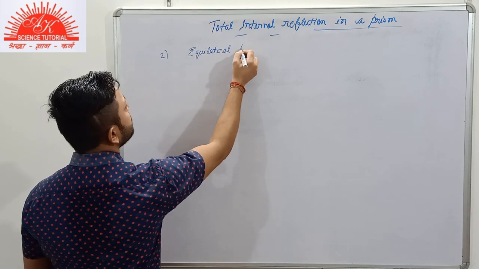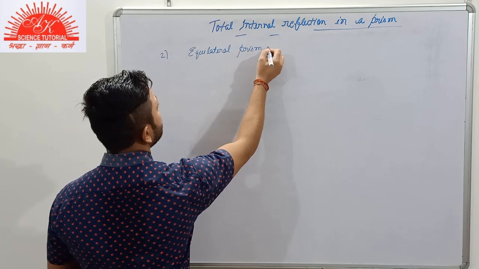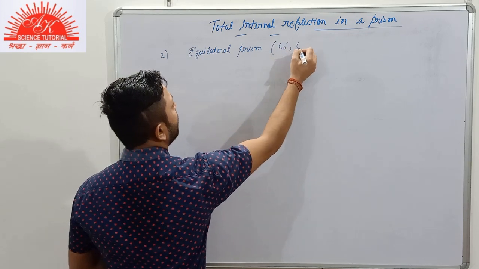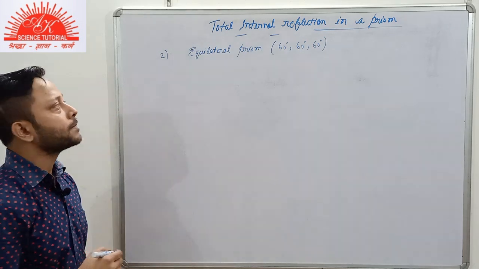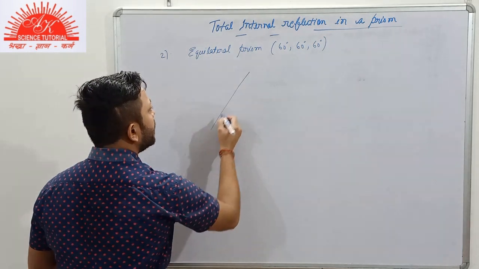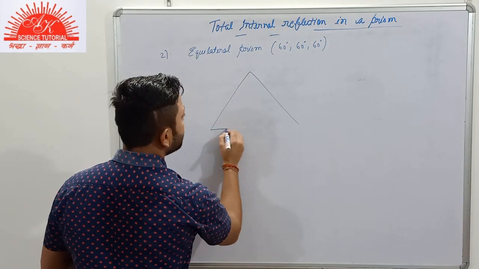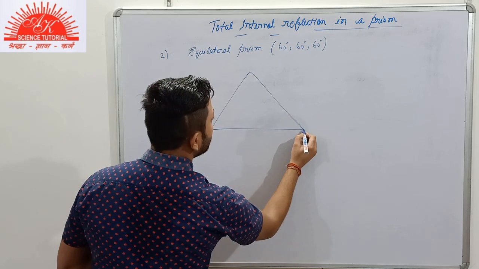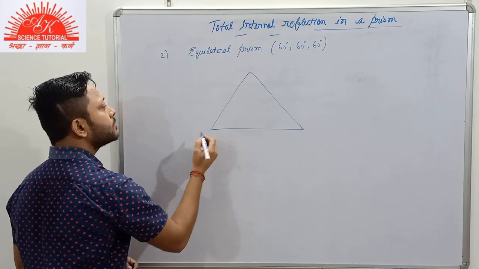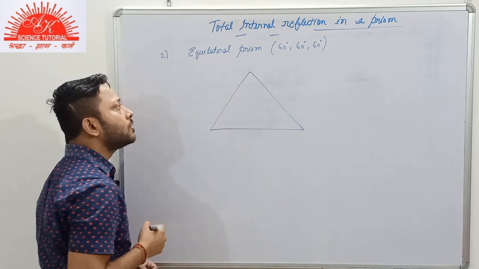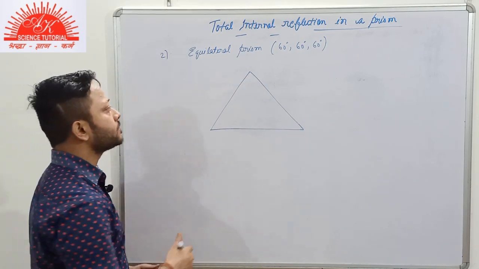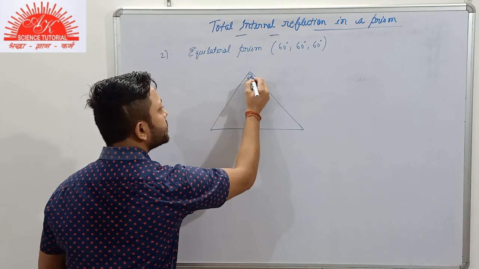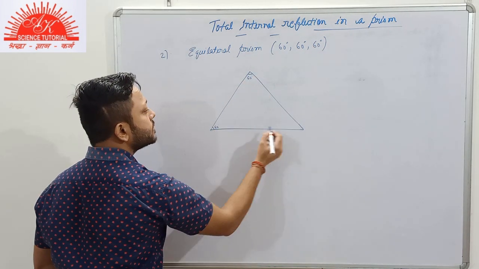Equilateral, as the term sounds, means that all the angles will be 60 degree. Now I'll draw a schematic diagram for you so that it is clear. It might be asked to you to draw the diagram of how total internal reflection will take place in the case of an equilateral prism. So each angle of this prism is 60 degree.